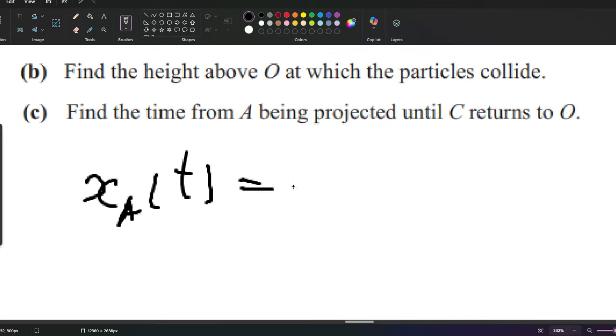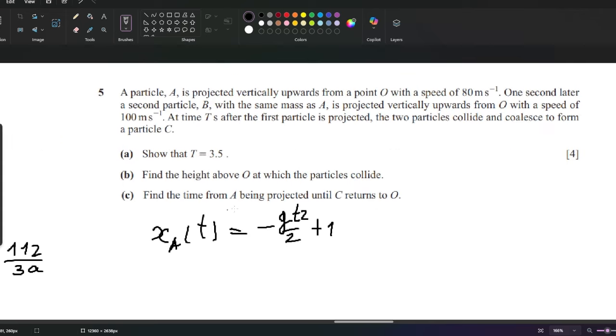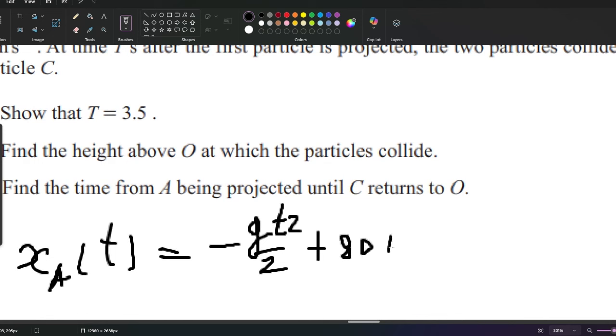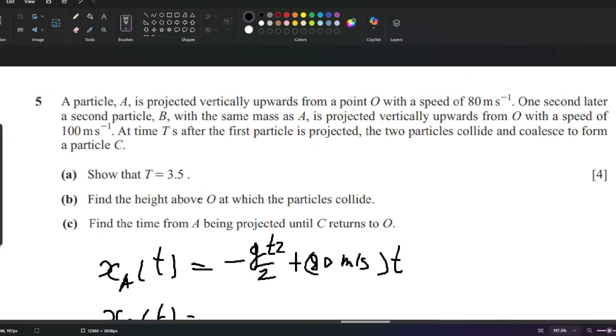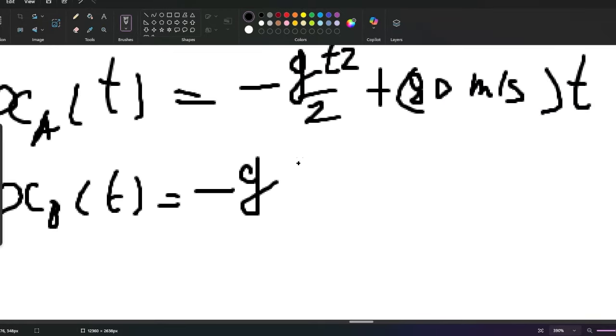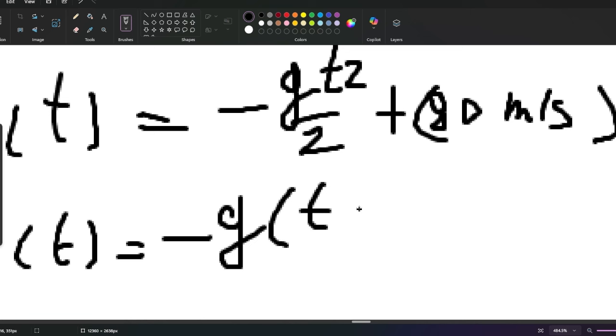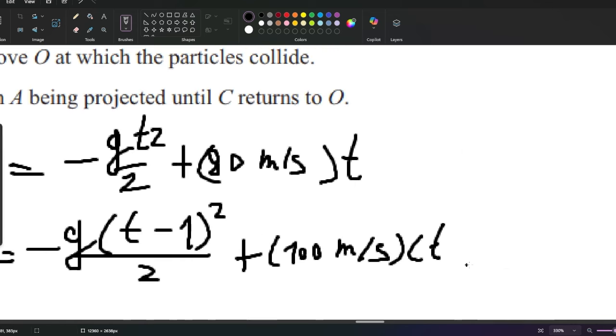xA of T is going to be minus gT squared over 2 plus 80 meters per second times T, and xB of T is going to be equal to, 1 second later, okay, so minus g times (T minus 1) squared over 2 plus 100 meters per second times (T minus 1).